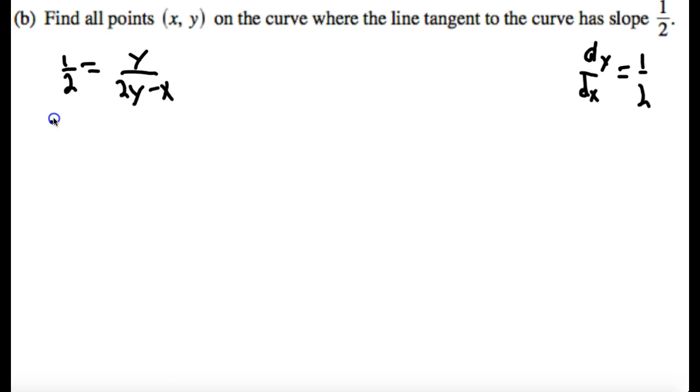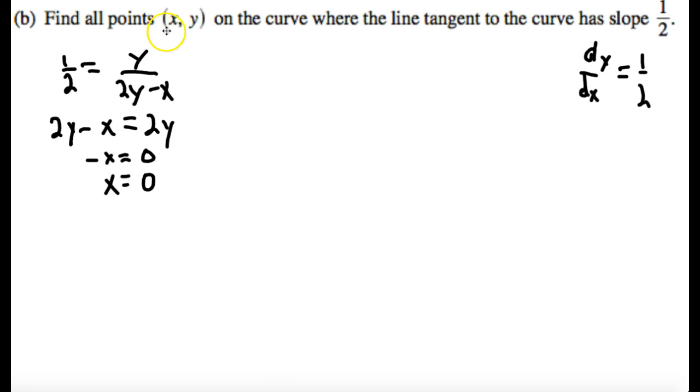I get 2y minus x times 1 equals 2 times y. All right. So if I now just do a little bit of algebra, I can subtract 2y from both sides and end up with negative x equals 0, or just x equals 0.